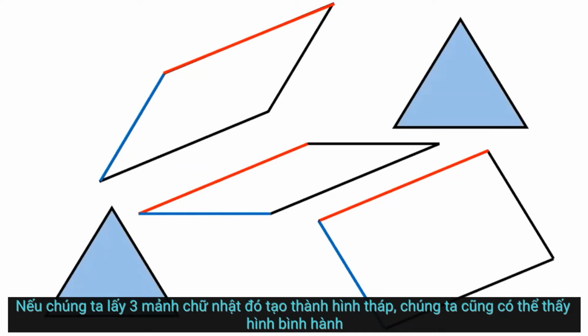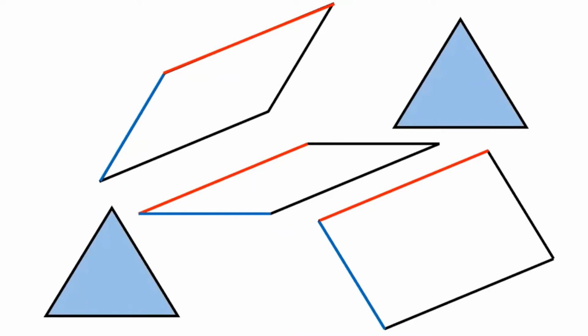If we take three pieces of the rectangle and build it up like a pyramid, we should be able to see it as a parallelogram in a different dimension.